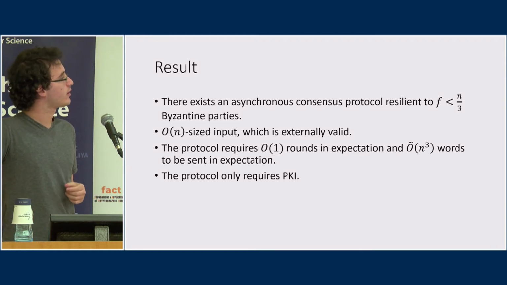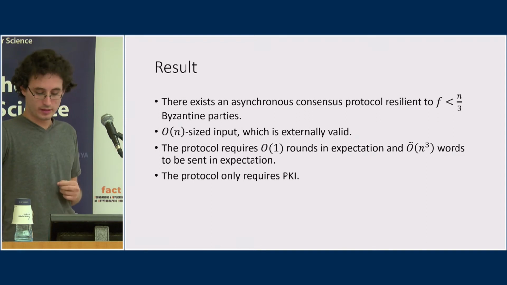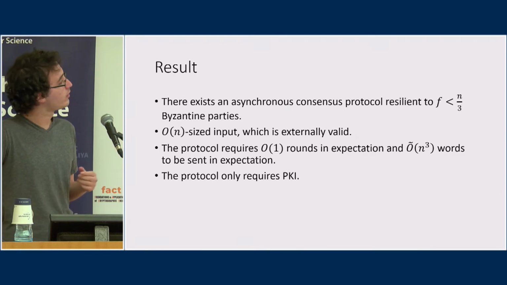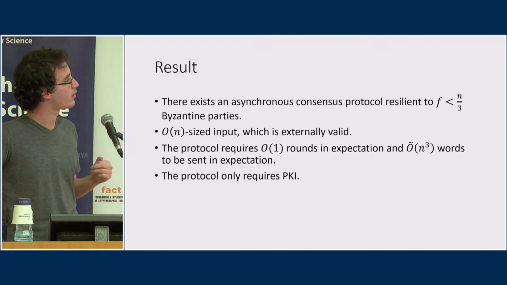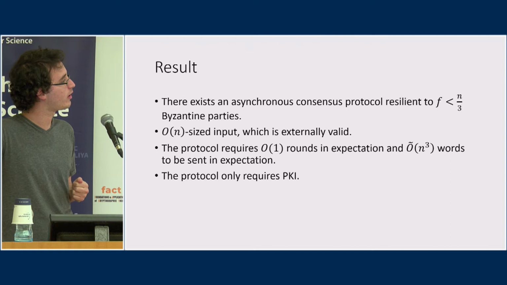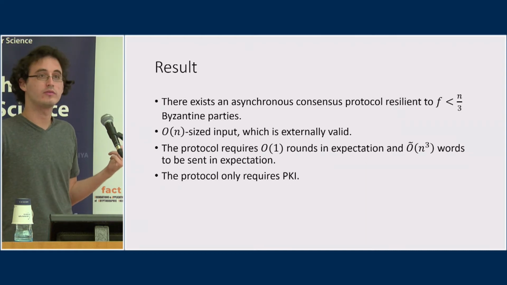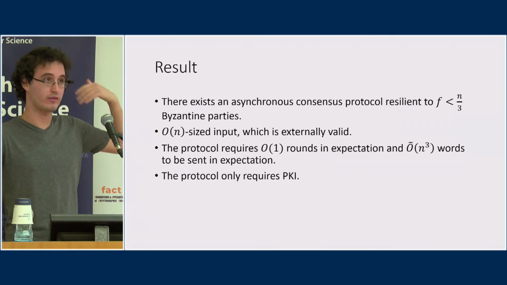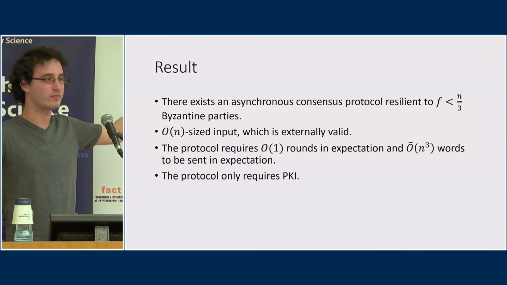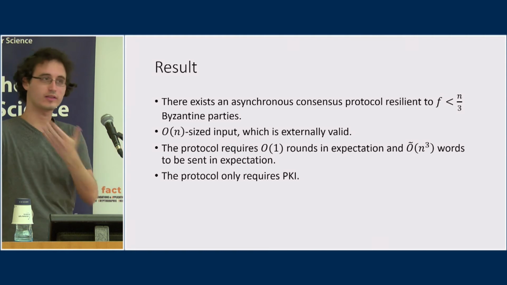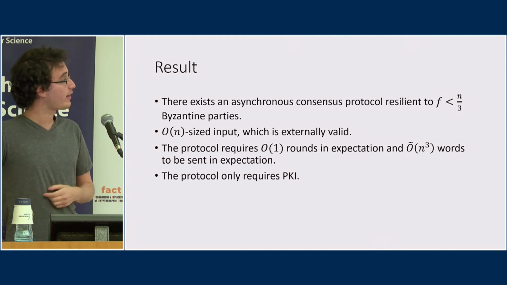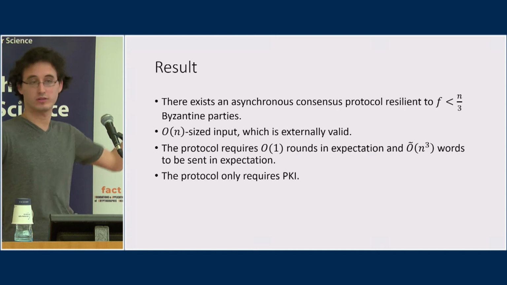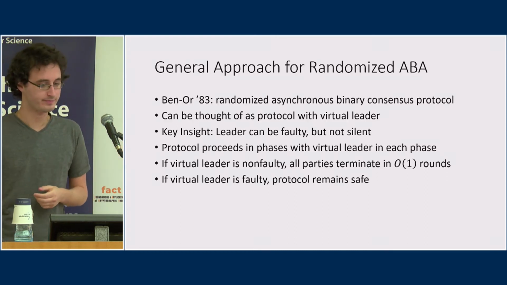The protocol requires a constant number of rounds in expectation, and it requires quasi-cubic complexity, n cubed log n words in expectation. So if we think of the previous slide, the n cubed log n from here is the same n cubed log n from the DKG protocol. And the protocol only requires a PKI, which is important in our case.